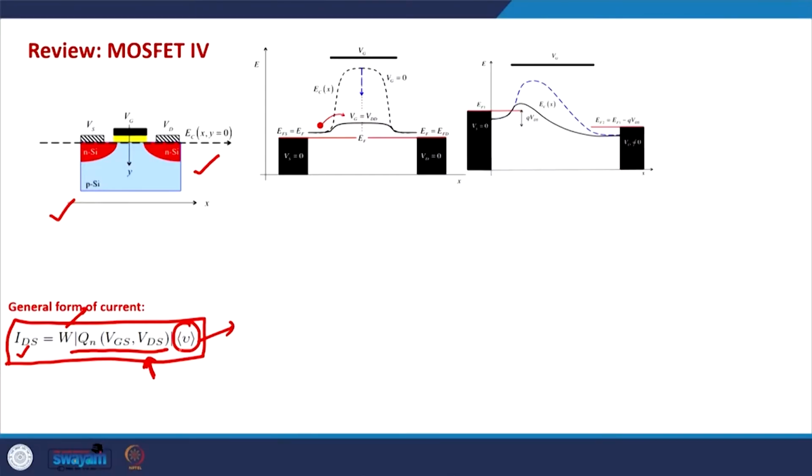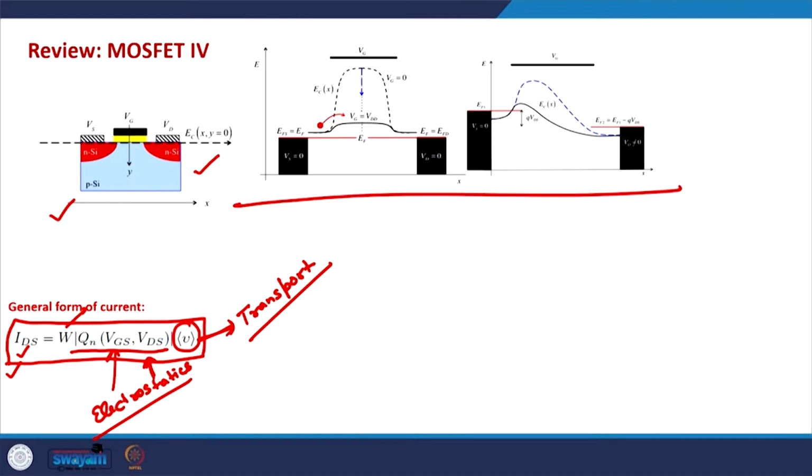As you might by now remember, this current depends on electrostatics, which governs the charge in the channel, and the transport, which essentially accounts for the velocity of the electrons in the channel. That is why we need to understand these two things in order to properly understand the electrical characteristics of the MOSFET. Just to recall, the MOSFET is a barrier control device.